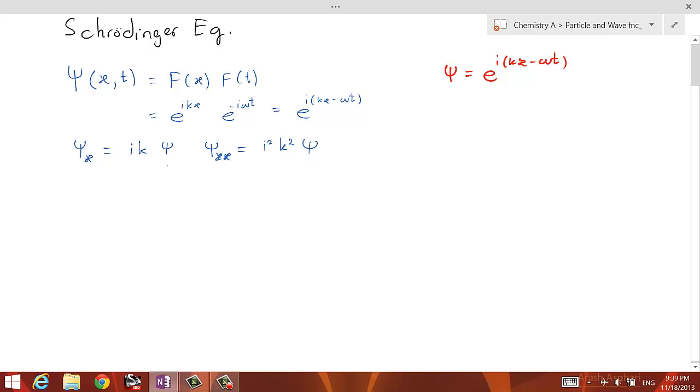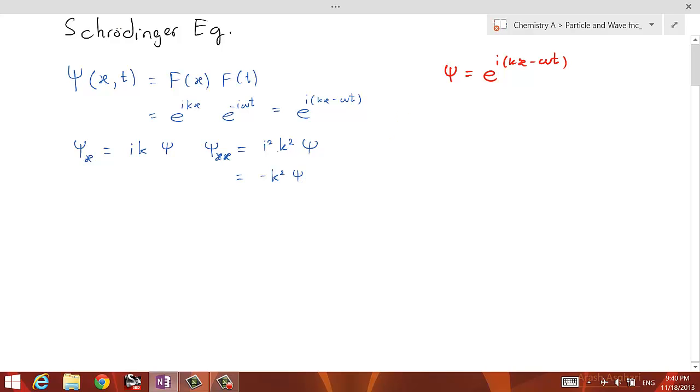I is the imaginary unit, the square root of minus 1. Like the square root of 2 squared gives 2, i squared equals minus 1. So you get minus k squared times the psi function.